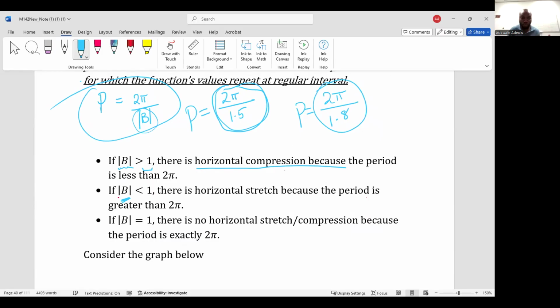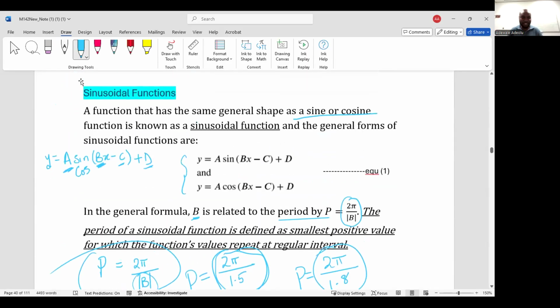And if B is 1, then we have the period to be 2 pi. Look at it. If B here is 1, then we just have y equals a sine of x minus c, plus d. So you can see what we have there, just sine of x.